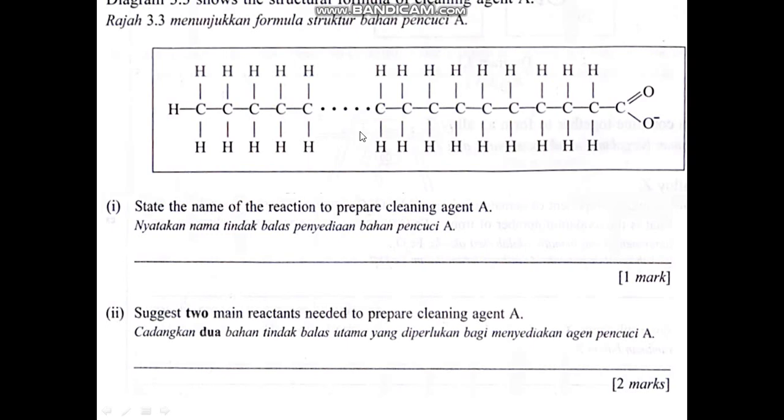Next. So here is the question. Based on this formula, state the name of the reaction to prepare cleaning agent A. First, you must identify this type of cleaning agent. There are only two types of cleaning agent, which are soap and detergent.